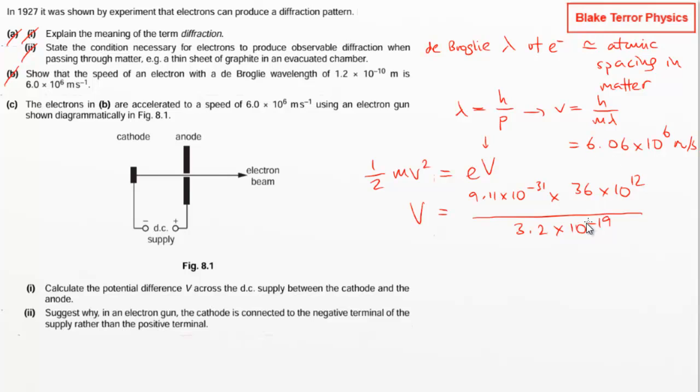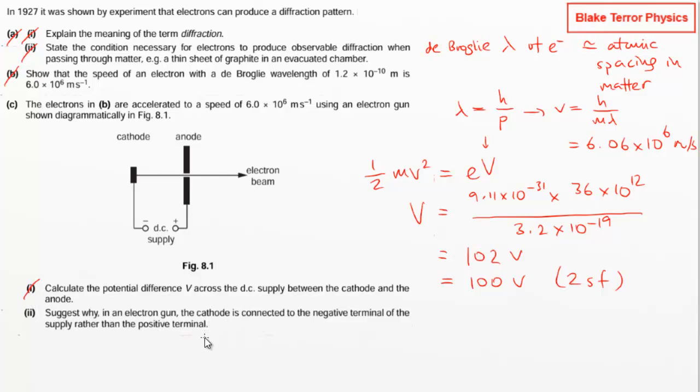Actually, all these 10s cancel, don't they? We've got 10 to the 31, 10 to the 31, so they're all just disappearing. This isn't going to be far off 100 by the look of it. So we got 10 times 36. Yeah, so it is going to be close to that. Anyway, the calculator is telling me 102 volts. So 100 volts to 2 significant figures.